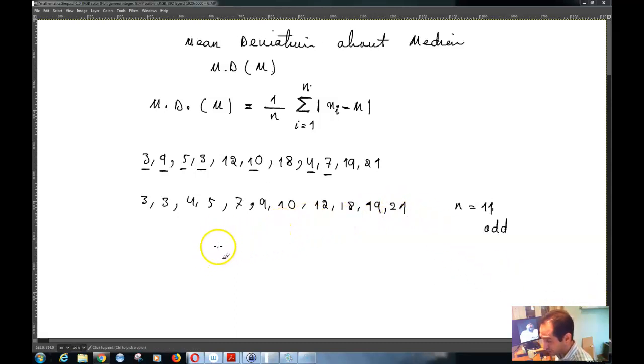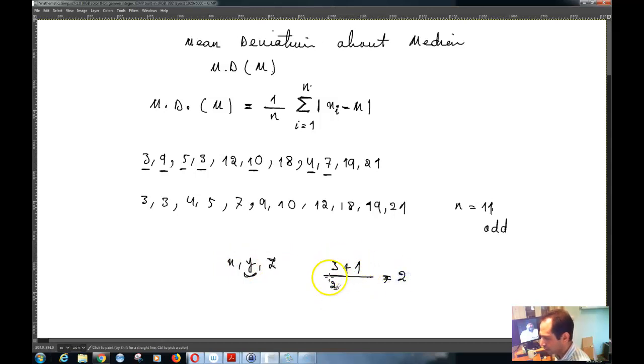For example, let's say you have 3 numbers: x, y, and z. Then n is equal to 3, so 3 plus 1 is 4, divided by 2, which is equal to 2.